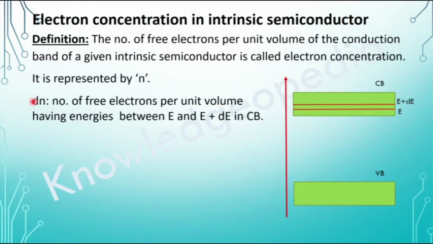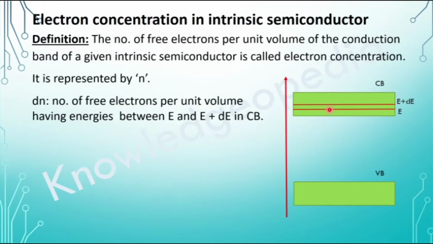How can one obtain this small number of carriers present between E and E plus dE? For this calculation, we need to calculate two things. First, we will calculate the number of states available between these two energy states, that is E and E plus dE.